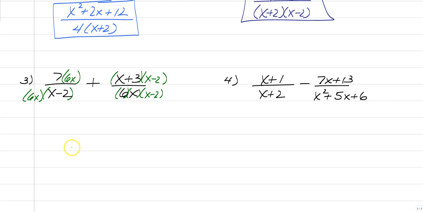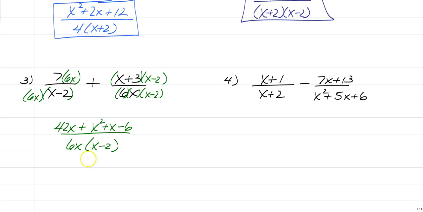So now you have a common denominator of 6x times x minus 2. And your numerators now, you have 7 times 6x, which is going to give you 42x, plus, now you have to FOIL these. You have an x plus 3 and an x minus 2. So that's going to give you x squared plus x minus 6.